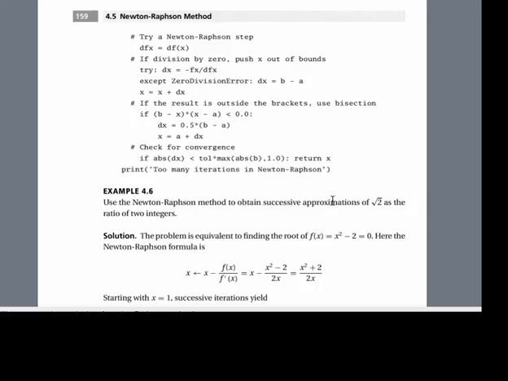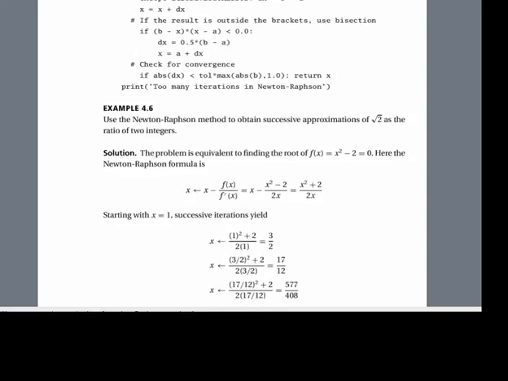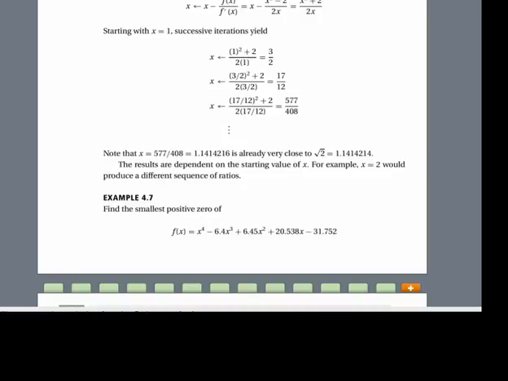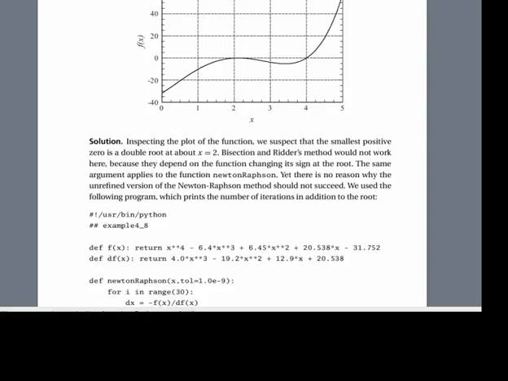So if we continue on down on this final page in the book, you'll see the example that we're going to do: find the smallest positive root of this 4th degree polynomial, as indicated there. So in the book, for this particular 4th degree polynomial, if it was sketched between 0 and 5, you'll see the x-axis here indicated from 0 to 5.